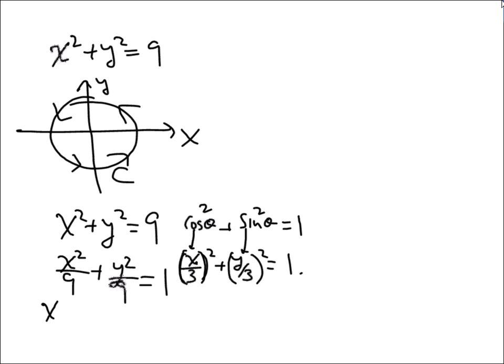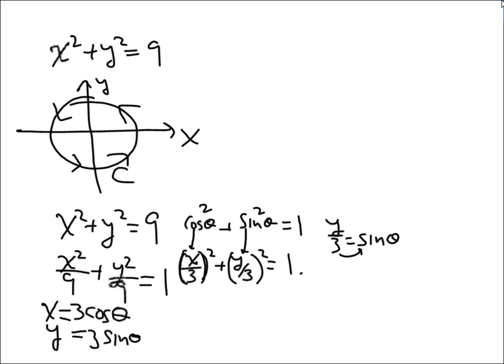Solving x over 3 equals cosine theta for x, we get x is 3 cosine theta. And if y over 3 is sine theta, then y must be 3 sine theta.